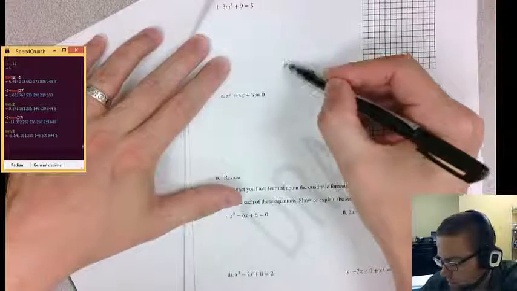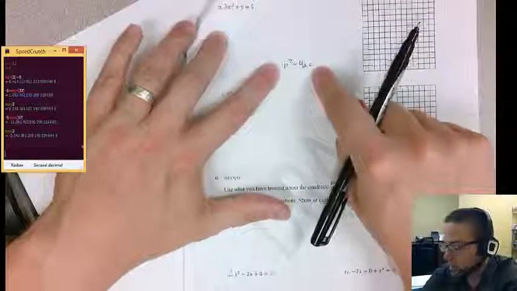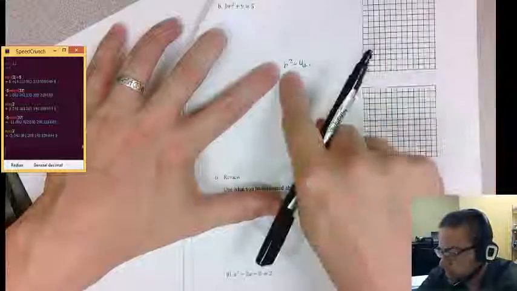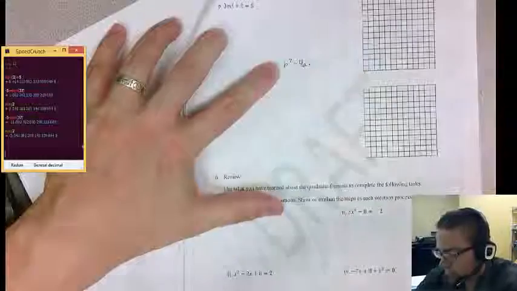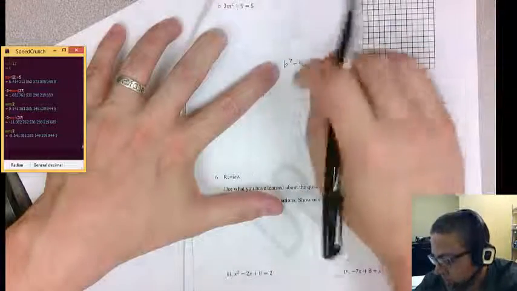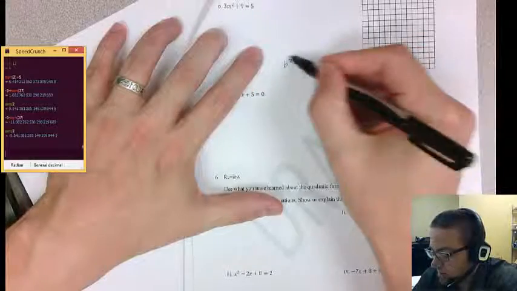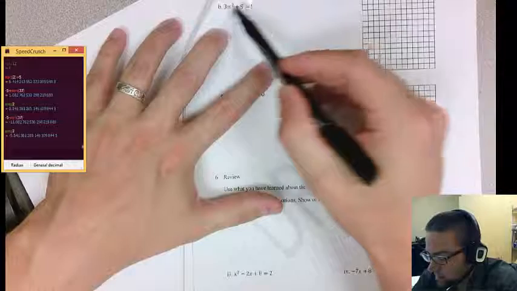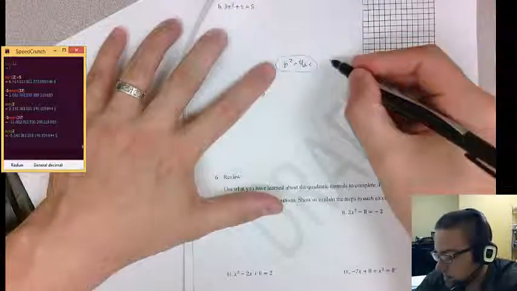So that b squared minus 4ac, this is called the discriminant because, like the word discriminate, it means you tell the difference between things, right? So discriminant means that this is how we tell the difference between different solutions, right? How many solutions are there?